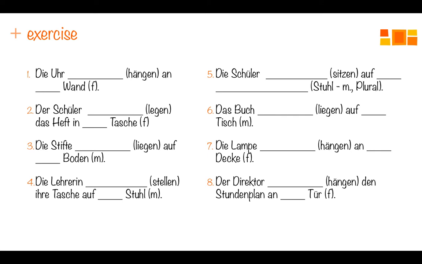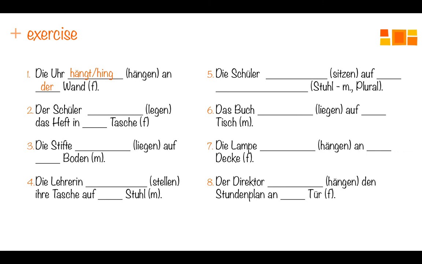Let's have a look at the first sentence. Die Uhr hängt or hing an der Wand. Wo befindet sich die Uhr? Where is the clock located? Sie hängt an der Wand or sie hing an der Wand.